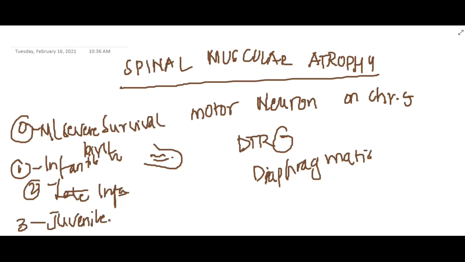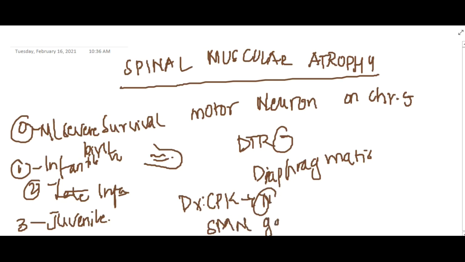For diagnosis, CPK levels are normal and the SMN gene shows abnormal demonstration. You can demonstrate this survival motor neuron gene here. Spinal muscular atrophy can also be diagnosed prenatally.